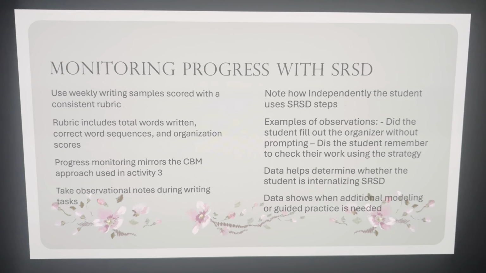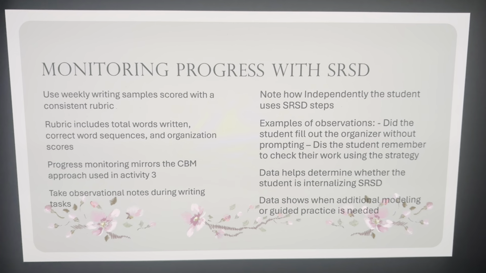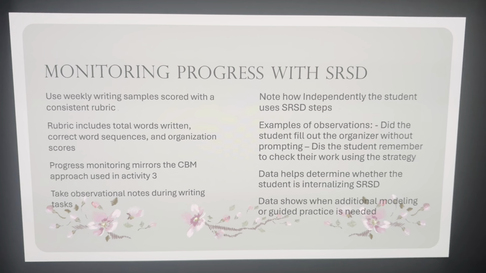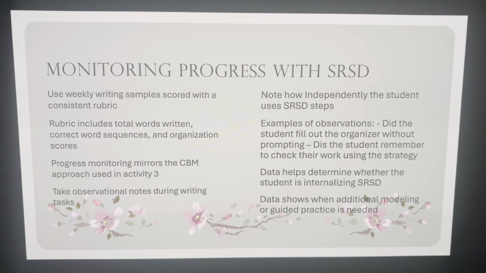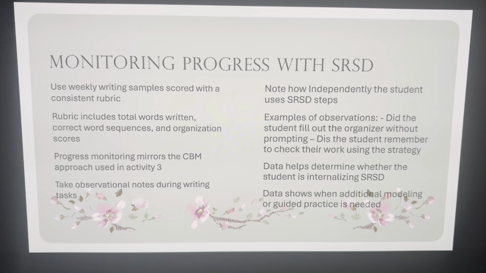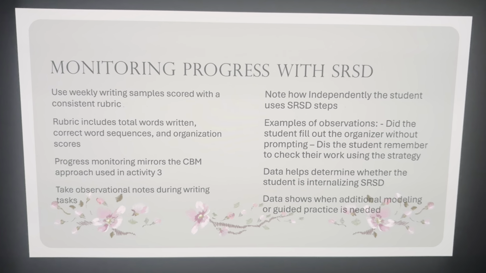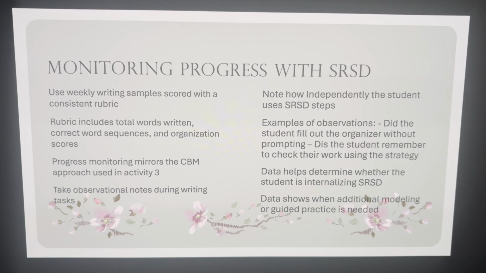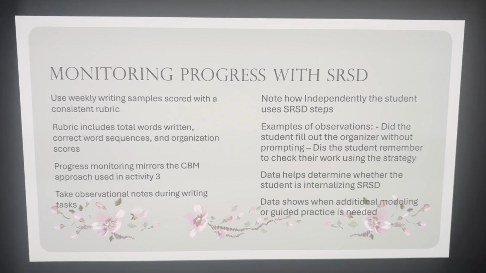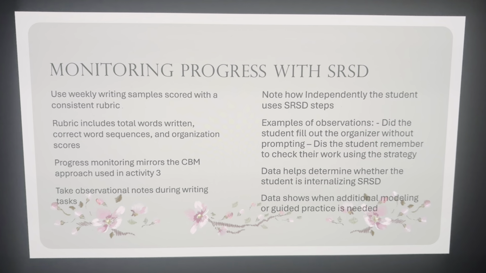To monitor progress, I would use weekly writing samples scored with a consistent rubric. This could include total words written, correct word sequences, and organization scores, similar to the CBM tool used in Activity 3. I would also take observational notes on how independently the student uses the SRSD steps.